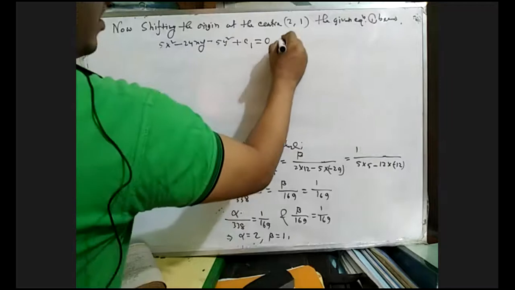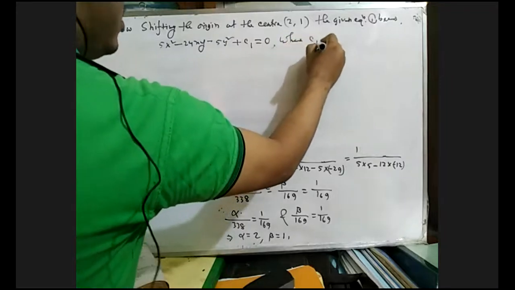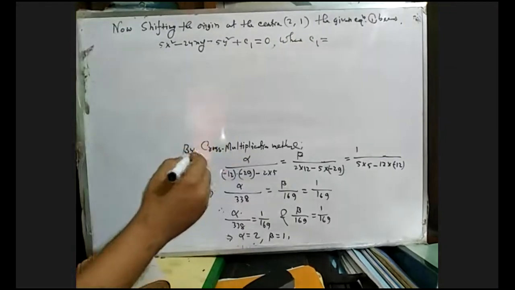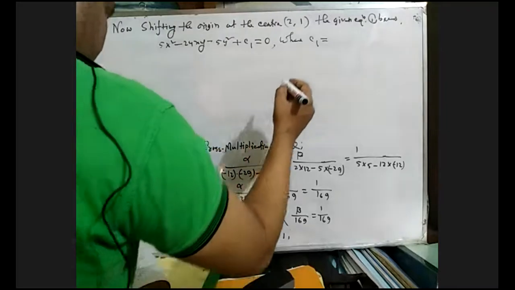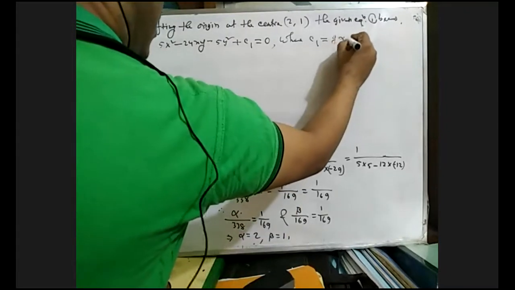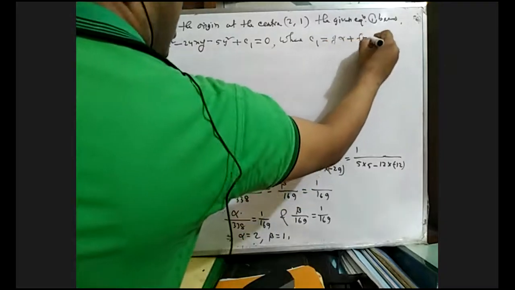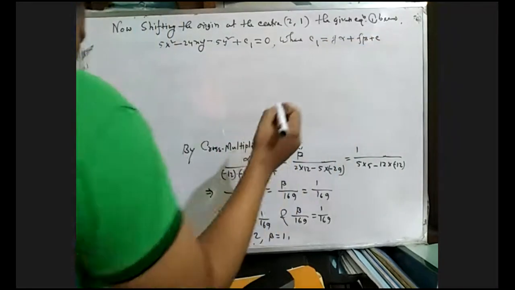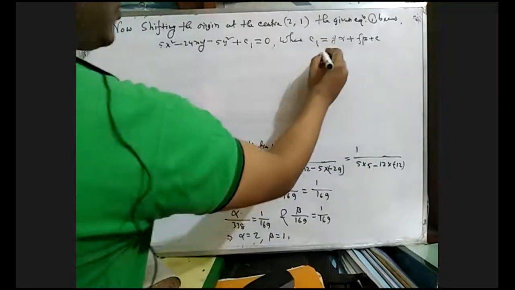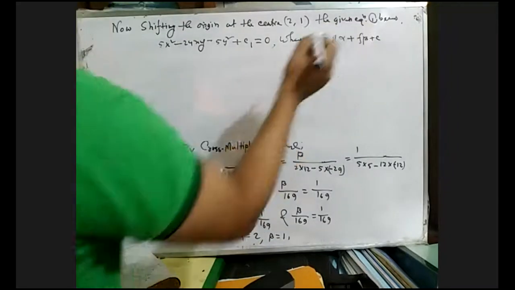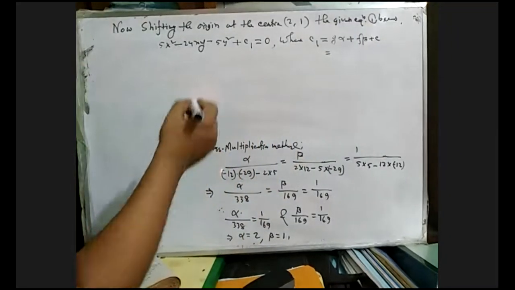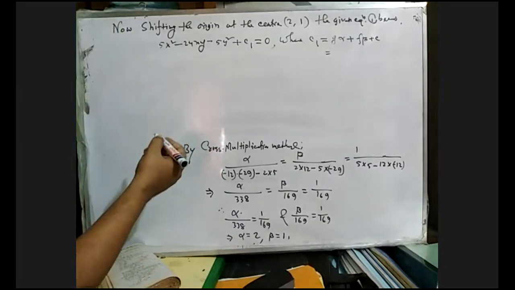where c1 equals to what will be? Formula: g alpha plus f beta plus c. So just putting these values, we can get the value of c.